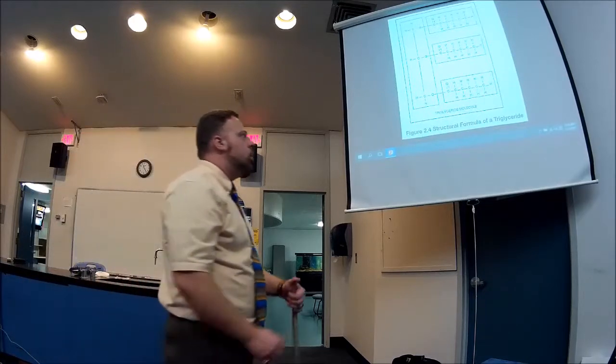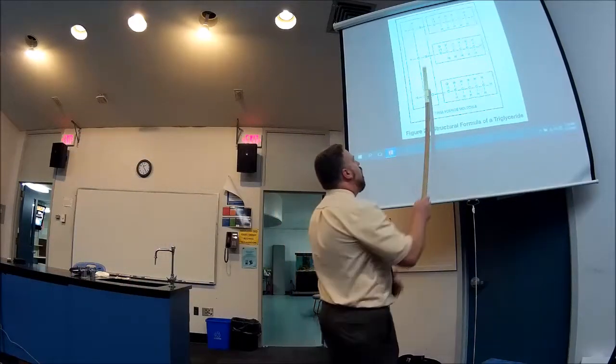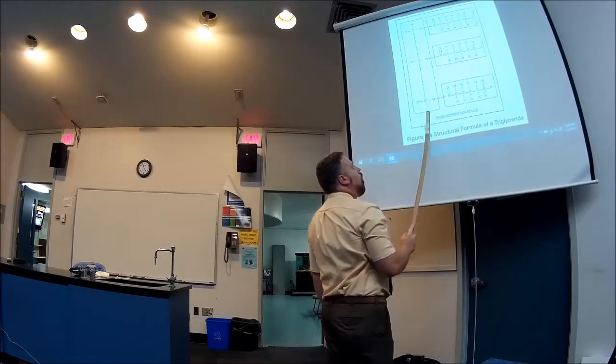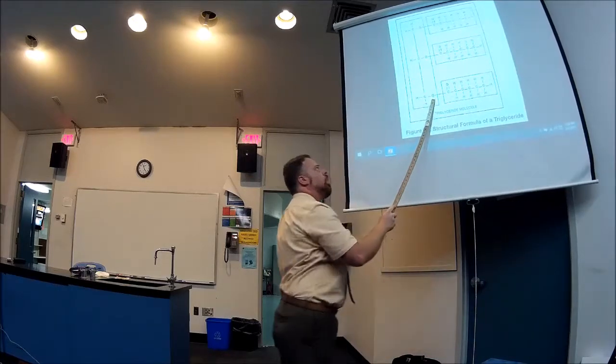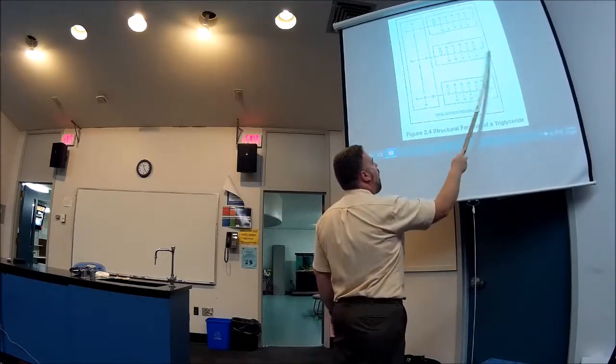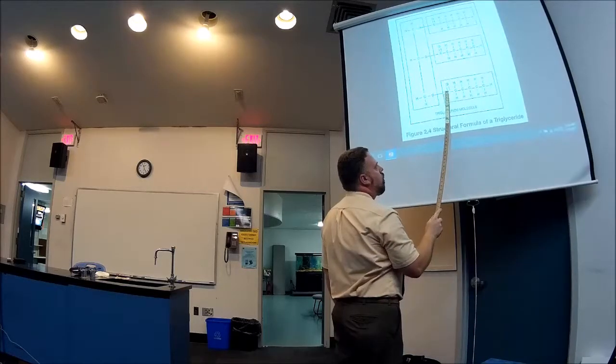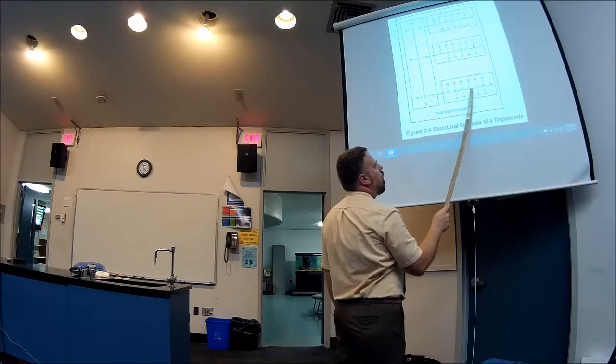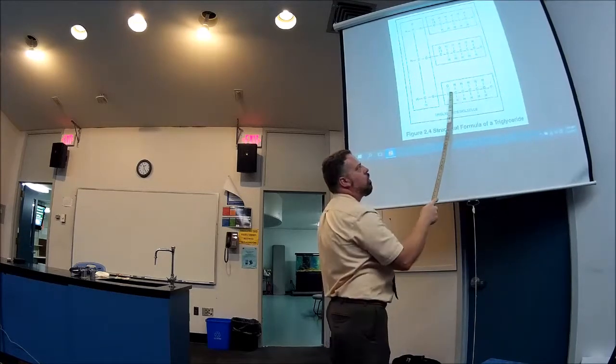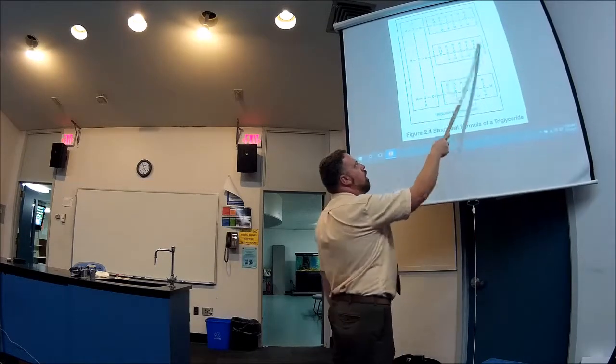This is what a typical triglyceride looks like. Here's a glycerol molecule that's attached to 3 fatty acids. Now these fatty acids, you're just looking at a 6 carbon chain, or 6 carbon skeleton over here, 6 and 6.